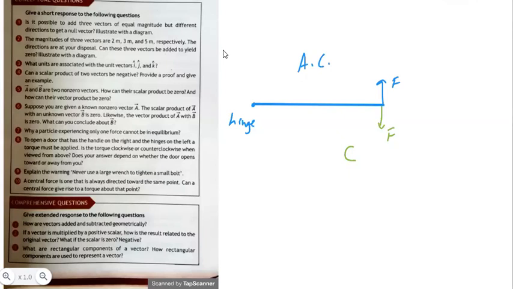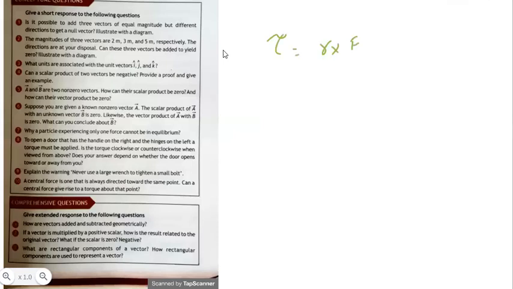Then question number 9 is explaining the warning: never use a large wrench to tighten a small bolt. A large wrench means that you are getting the torque as R cross F. So if R is greater, then the torque will be greater.